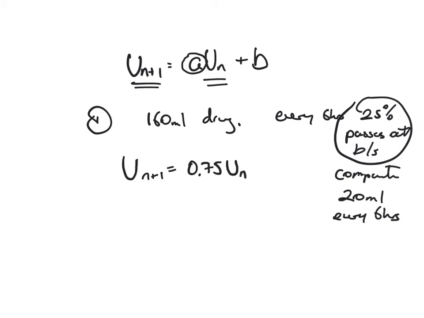Then 75% remains, and the dose that's been added in is 20 millilitres, therefore the recurrence relation is u_{n+1} = 0.75u_n + 20. Okay, so part A was to find a recurrence relation. Part B is use your answer to calculate how much drug is left after 24 hours.